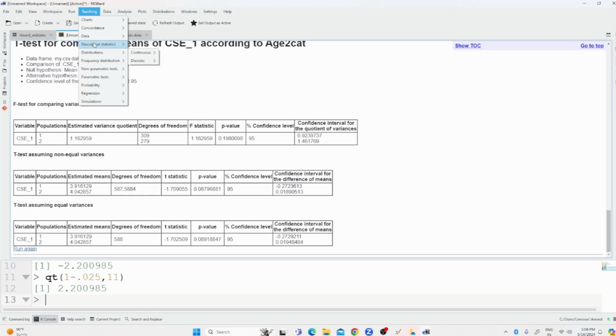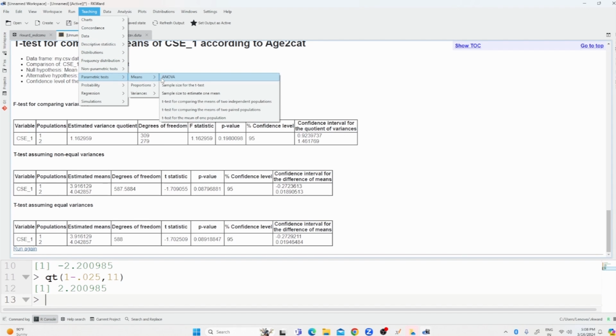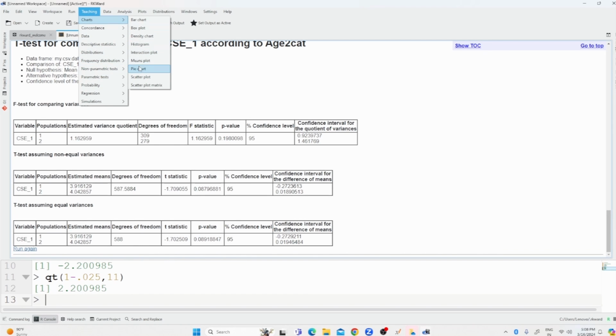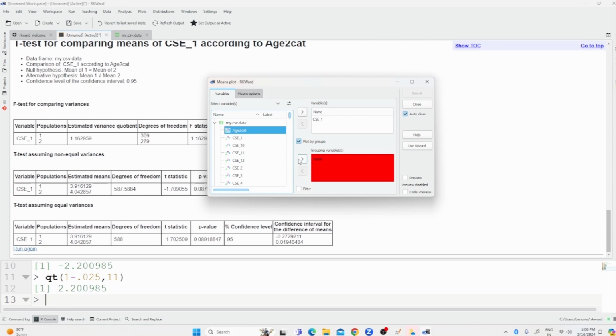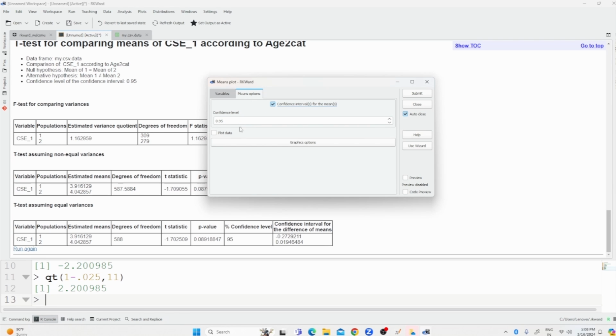We will see here by means descriptive, means parameters. No, in just a second. We will start, sorry. So we will have this plot by groups. Okay.